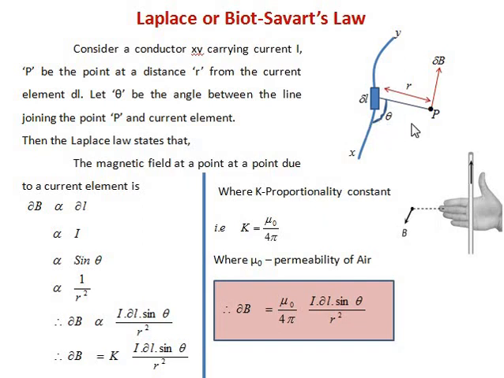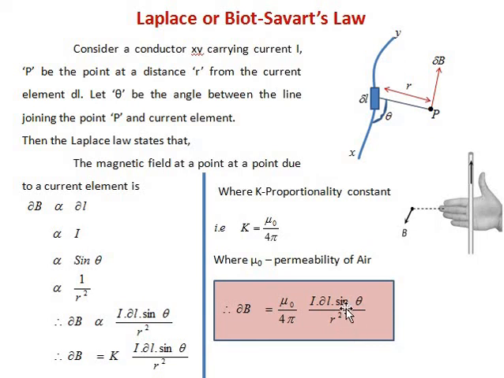Around this conductor magnetic field is developed, and the air medium allows the magnetic field to pass very easily; that ability of the air medium to pass the magnetic field is known as permeability. Therefore, dB is equal to mu naught by 4 pi times I dl sine theta divided by r squared.